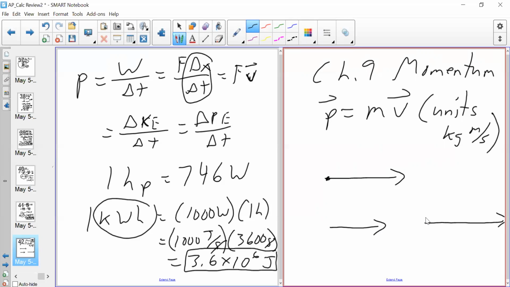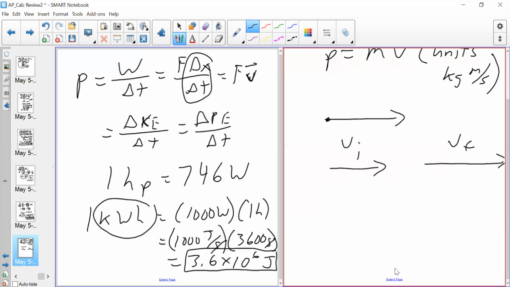Right? So now a force comes in to change this momentum, in a certain amount of time.